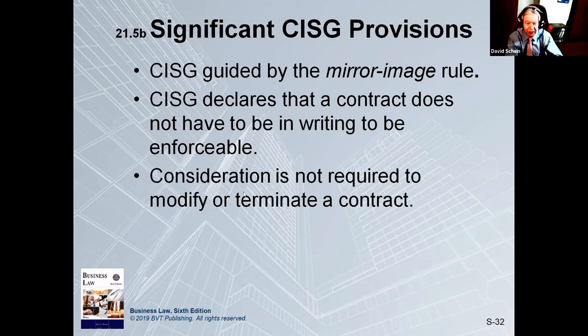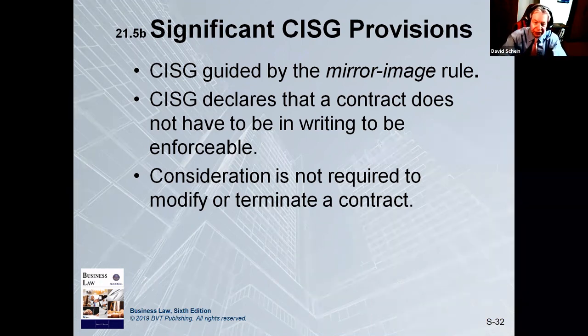So in this one provision, bullet number 3, it's more similar to the code, because consideration is not required to modify or terminate the contract. Remember, we just talked about this a couple slides back, and we said if you're under the code, you do not have to have consideration to make changes. So the CISG agrees with the UCC here, although in many other provisions, such as the two above, it follows common law.